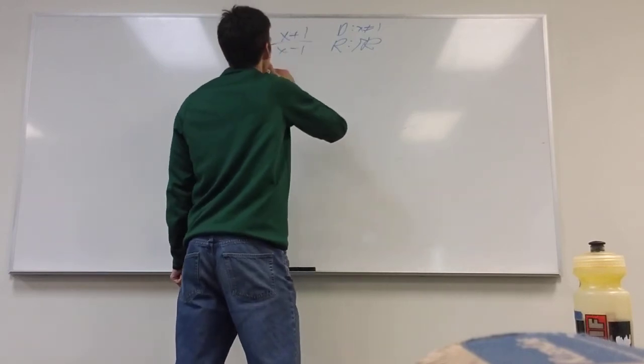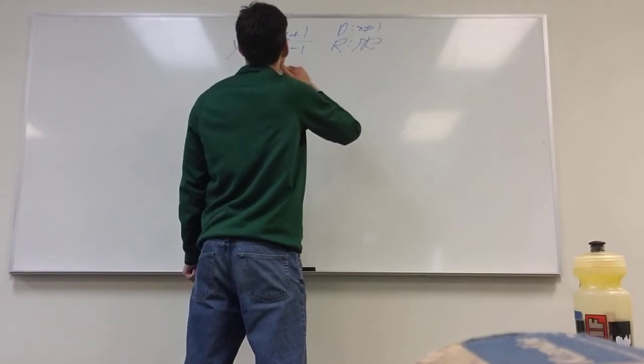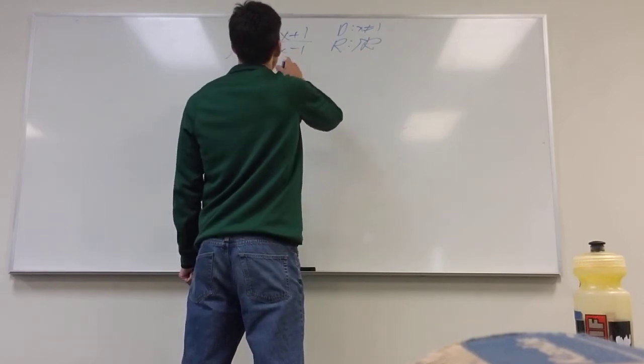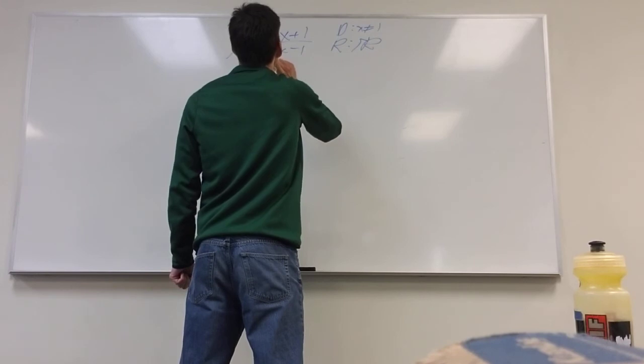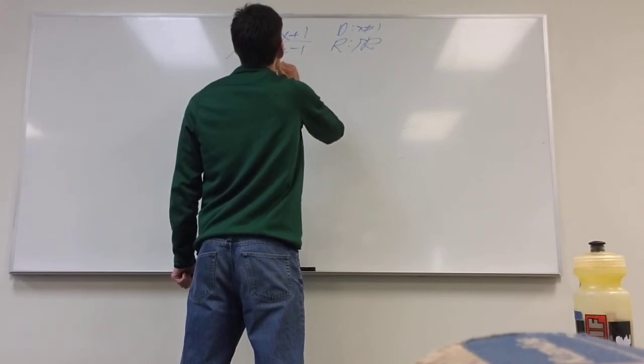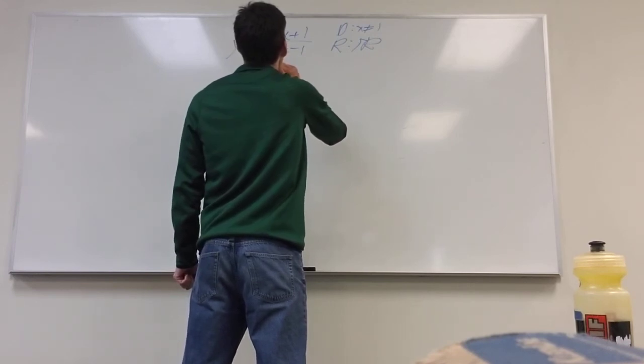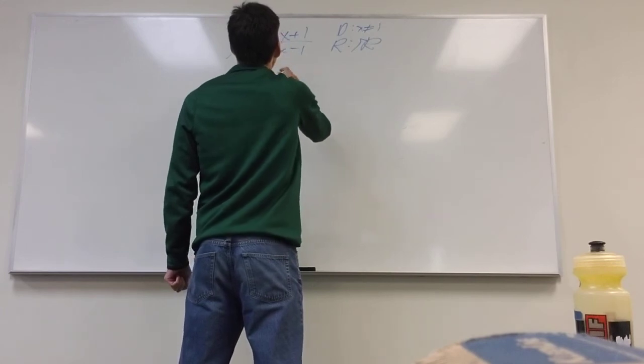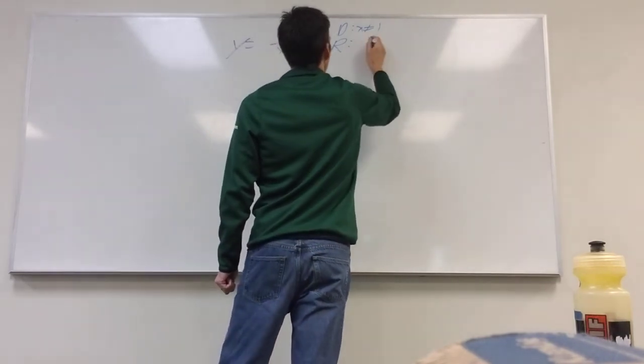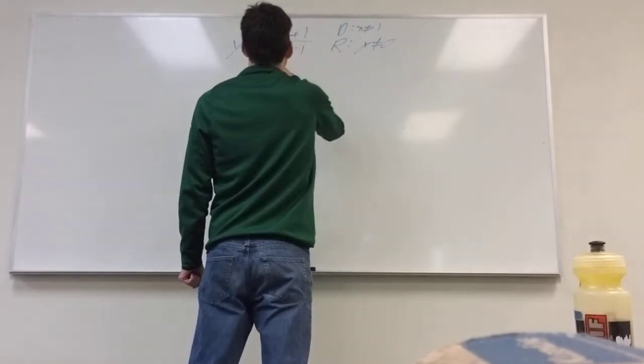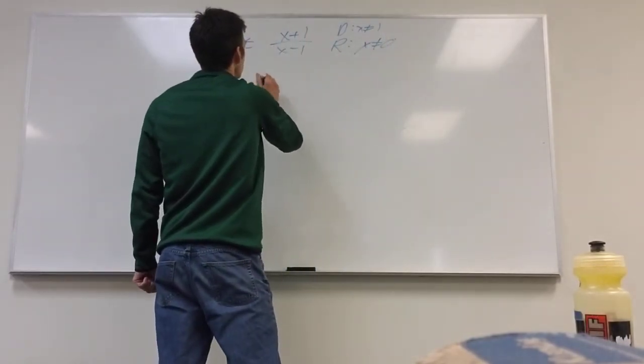So what's my inverse? Think of the range. It should be all real numbers except this is 1. 0? I think 0. Let me just check. No, I think that's okay.